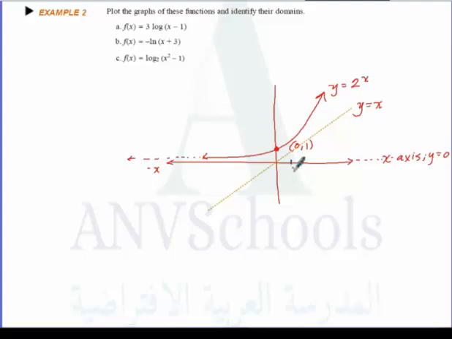Then this portion here, which is an x-intercept of 1, 0, will become the defining point in observing the behavior of this logarithmic function as the inverse of your exponential function y is equal to 2 raised to x. And this will be the trend in the behavior. You can notice that they are reflections of each other.